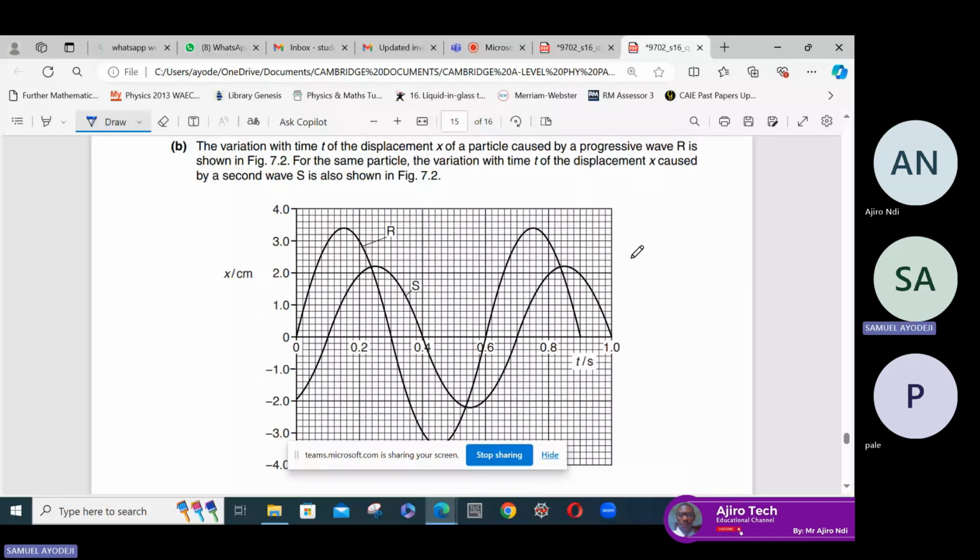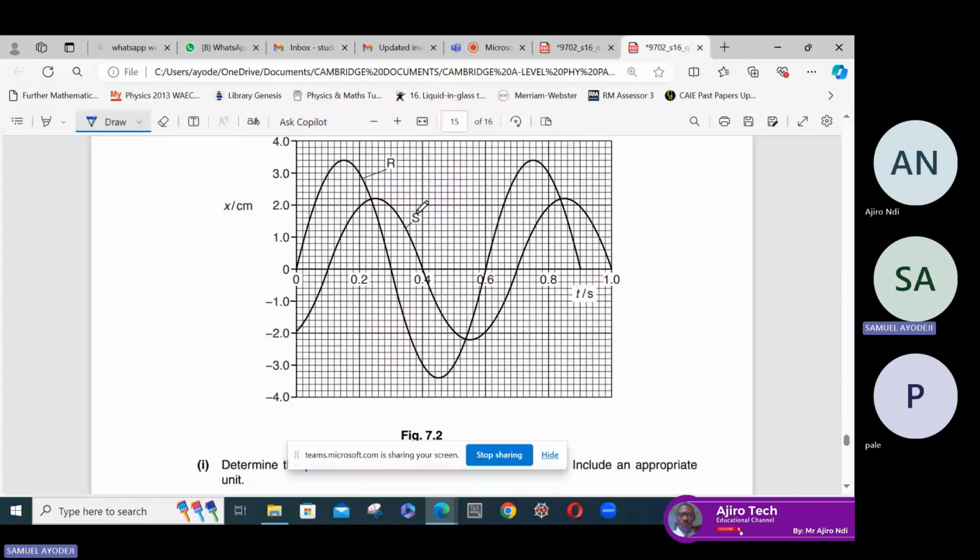So you have this again, with S and R. Determine the phase difference between the two. What's the time difference between this and this?